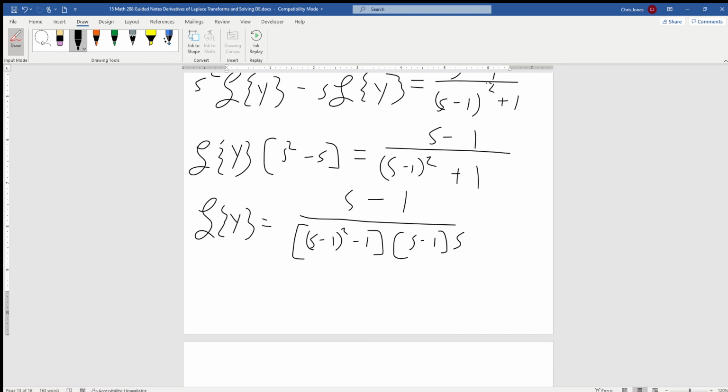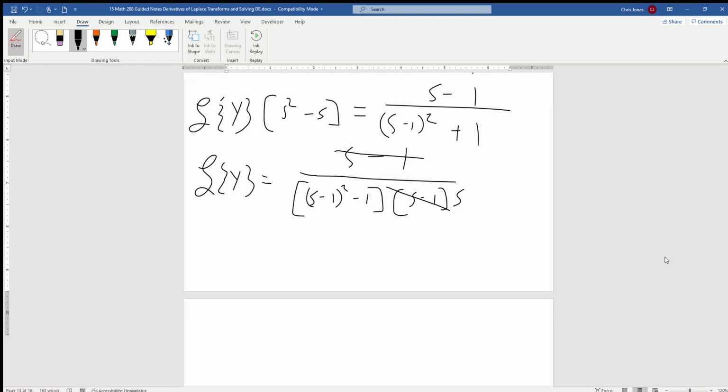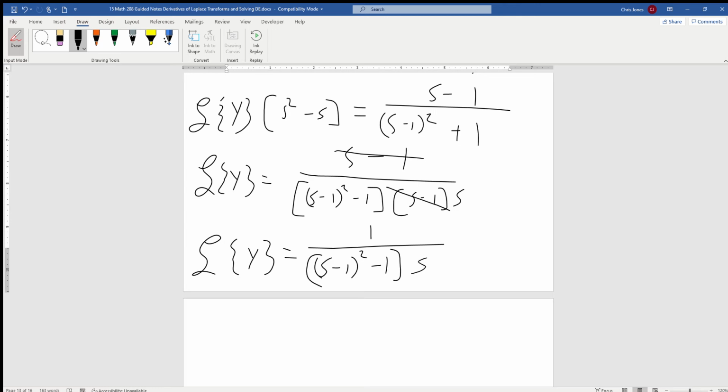Notice that we got lucky in this one, as if somebody actually made the problem so it would work out like that, and we get rid of those. Now we're left with the Laplace of y equal to 1 over s minus 1 squared plus 1 times s. And so that's not too bad.